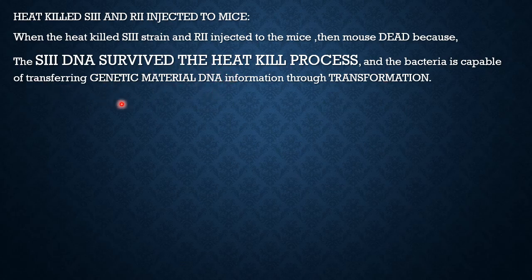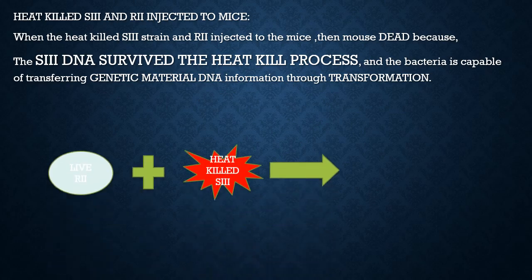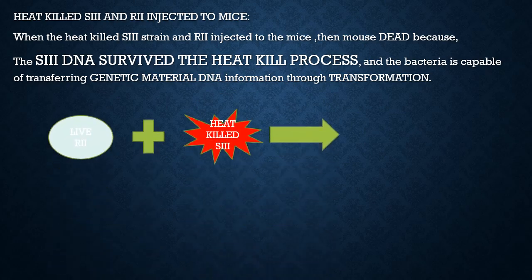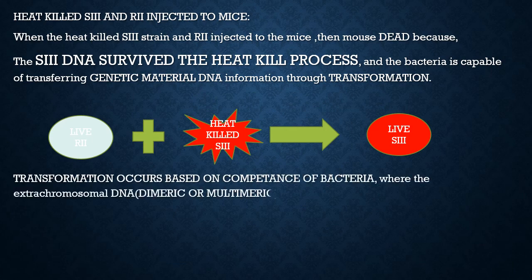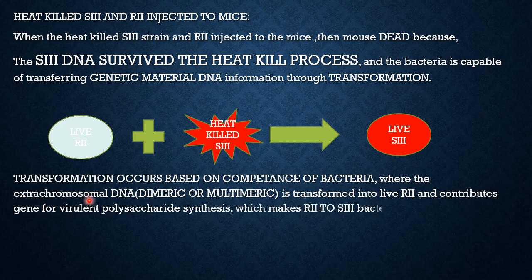The extra chromosomal DNA, that is plasmid, which can be dimeric or multimeric, has certain genes, which can be antibiotic resistant or some other genes present in that plasmid DNA. It is transformed to live R2 and contributes the gene for virulent polysaccharide synthesis.